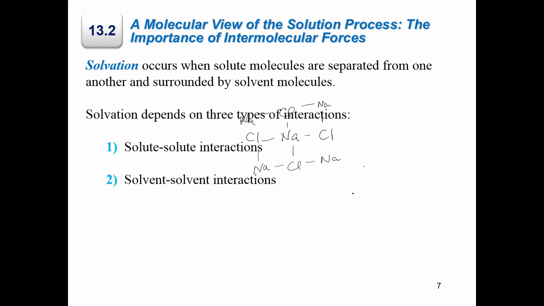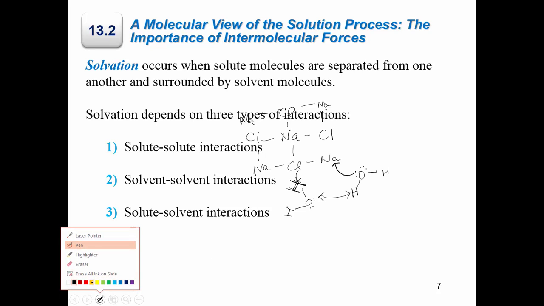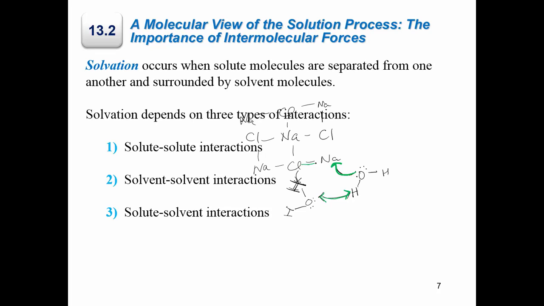And then our solvent comes in, and then we have an interaction between the solvent and the solute. I'm going to draw my water molecule going this way. And that's an H, it's not an I. And then we have solute-solvent interactions. So we have all of these interactions here. Solvation will occur when the solvent-to-solute interaction overwhelms the solute-to-solute interaction.